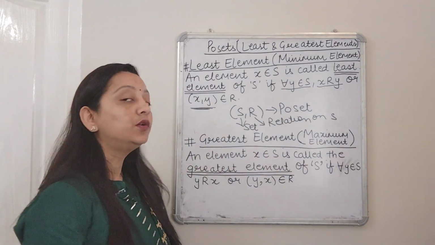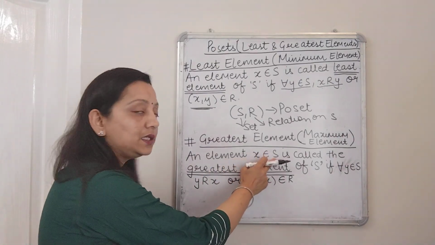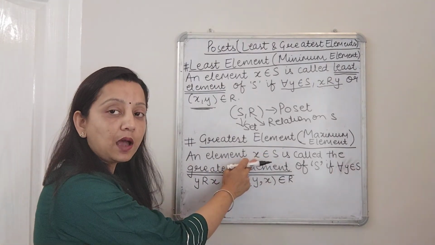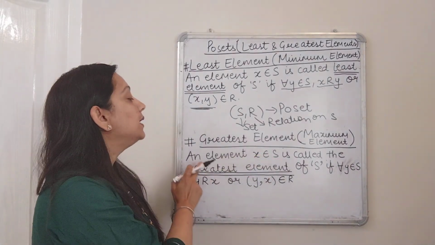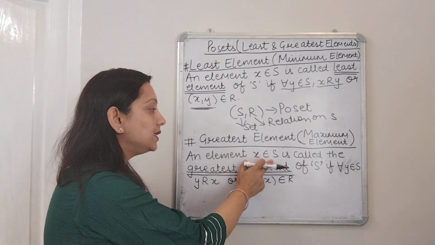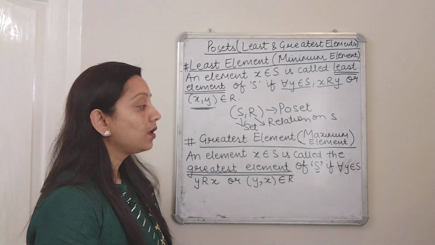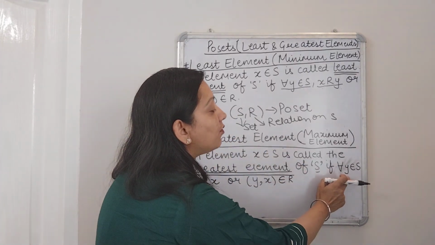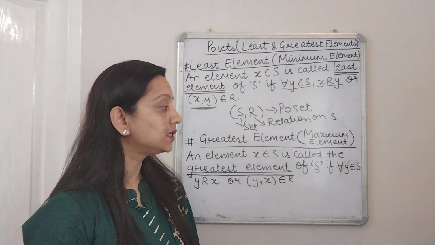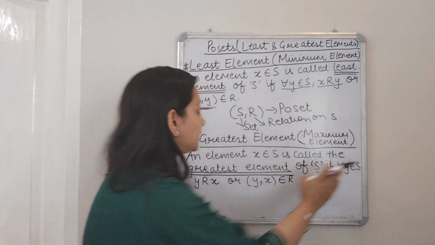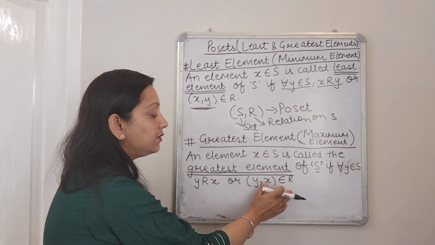Now let's see what a greatest element is. Again, an element X that belongs to set S. X here is an arbitrary element picked from the set S. So an element X that belongs to set S is called the greatest element of the set S if for all Y that belongs to S, that means for all the rest of the elements of set S, Y R X, or the ordered pair (Y, X) exists in the relation.